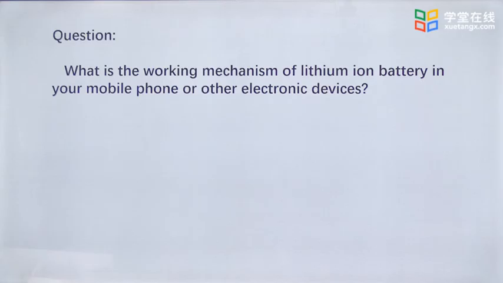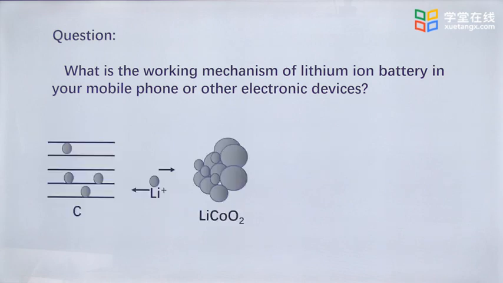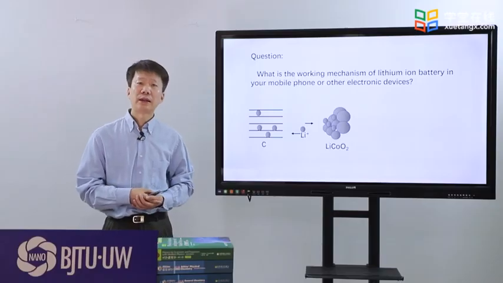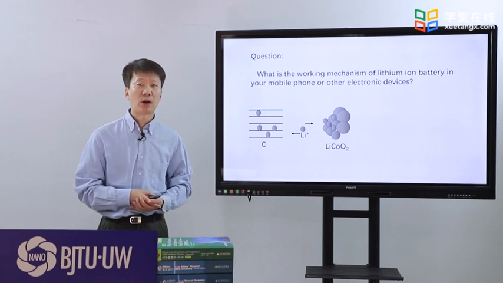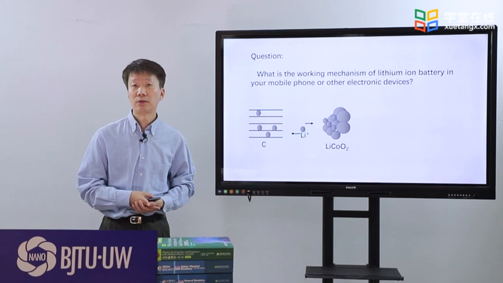Question: what is the working mechanism of a lithium-ion battery in your mobile phone or other electronic devices? Usually, carbon with a layered structure is employed as one electrode.